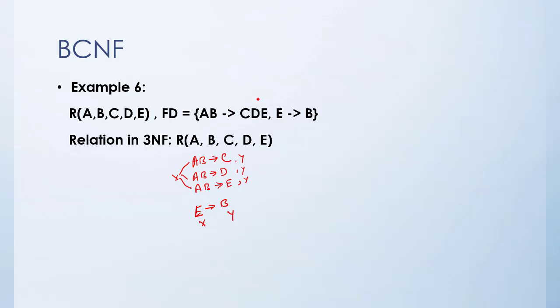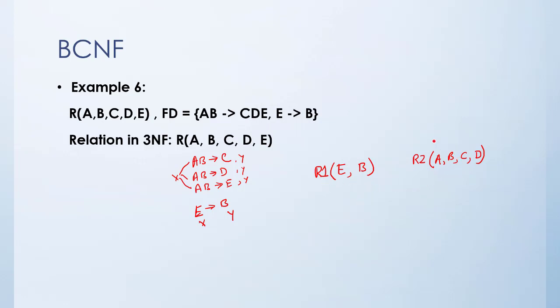So we are going to get a relation R1 on the attributes E and B, and the other relation R2 will be on A and B, which will determine C and D. So these two relations you can see are satisfying the condition of BCNF, and there will be only one primary key in case of BCNF.